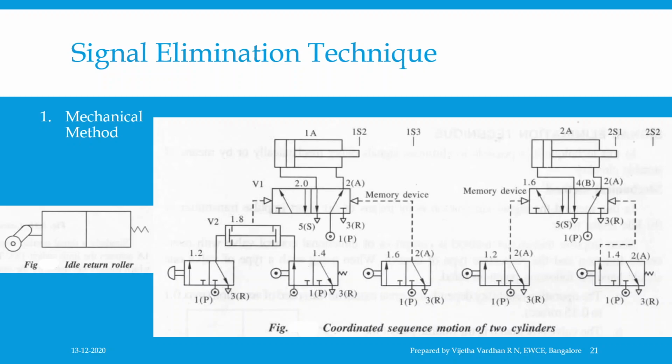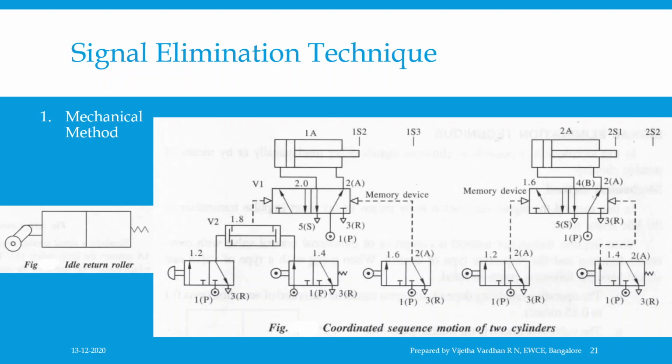And also we will understand more clearly what is called signal elimination by a reversing valve. Signal elimination by means of a reversing valve is a frequently used solution. The principle in this case is to allow the signal to be active only for the required length of time.